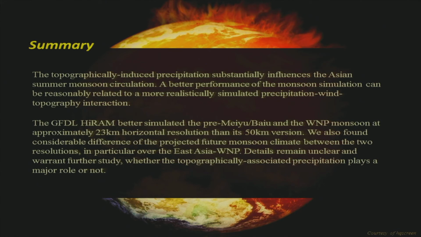And using the GFDL HiRAM model output, we actually found good performance for the pre-Meiyu Baiu as well as the WNP monsoon. However, the details remain unclear and need further study, whether the topography-associated precipitation plays an important role or not. Okay, thank you.